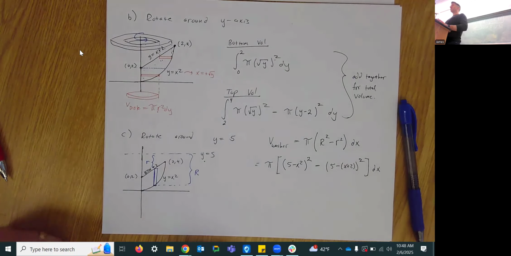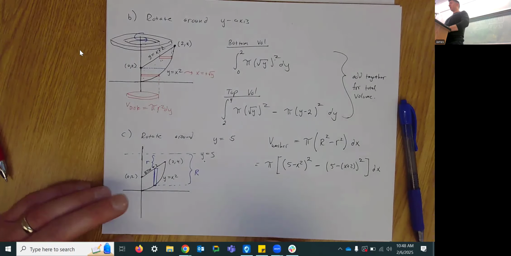Whenever you're finding these radii, it's always the difference between your function and your axis of rotation, which is what we've been doing this whole time. It's just that our axis of rotation up until now has always been either y equals 0 or x equals 0, so we didn't need to subtract off the 0 because it wasn't going to change anything. But here, it does matter.